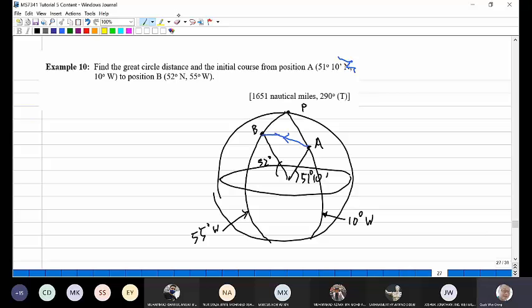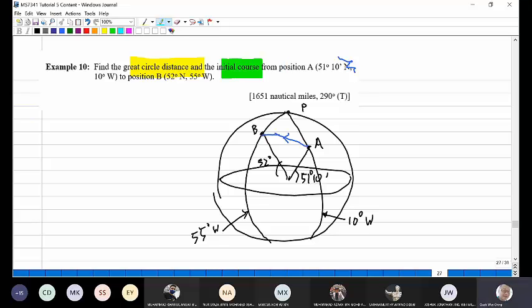So let's do it one at a time now. Great circle distance AB here. Initial course, and also the final course. Initial course only, okay, for A to B.